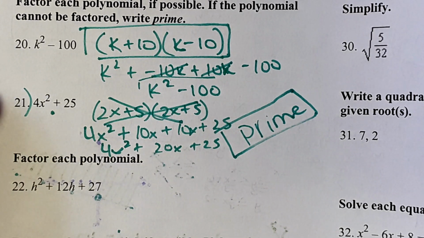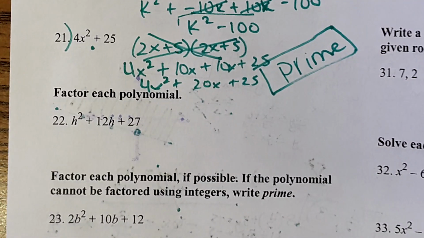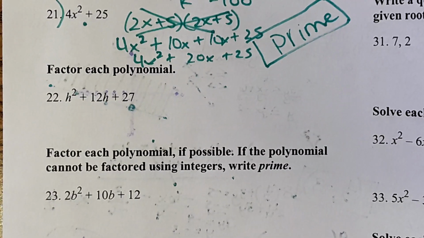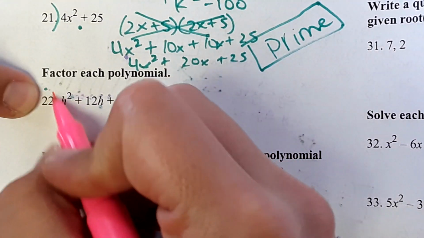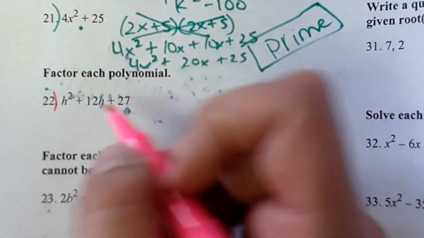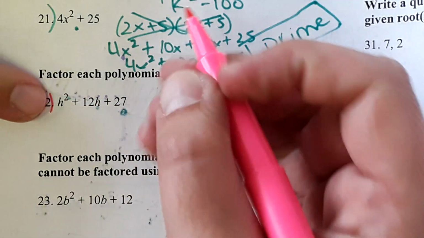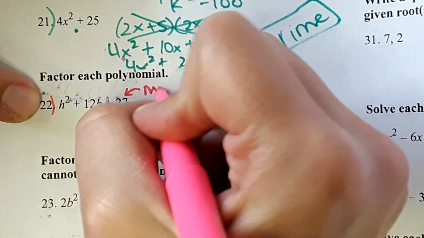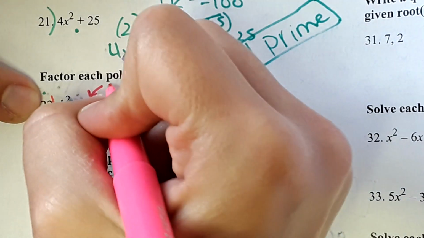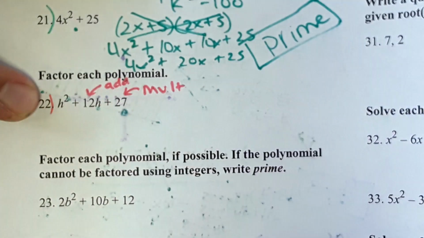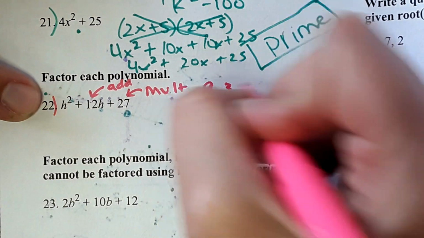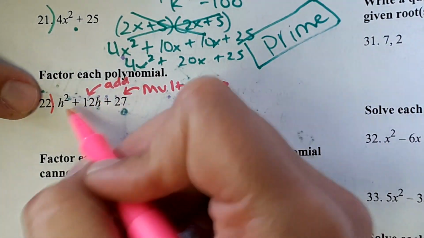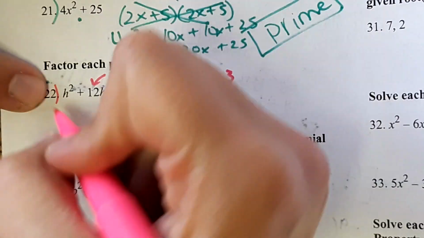Okay. Next, factor each polynomial. I started out with the easy one. This one doesn't have a coefficient in front of the h squared. We need two numbers that multiply to 27 and add to 12. And those numbers would be 9 and 3, right? 9 and 3 multiply to 27, add to 12. So that's what we use.